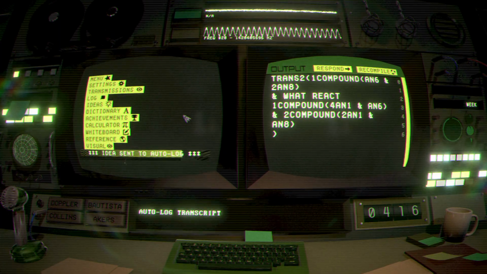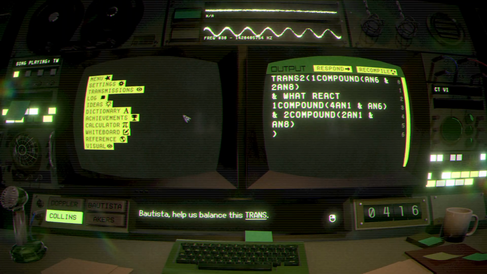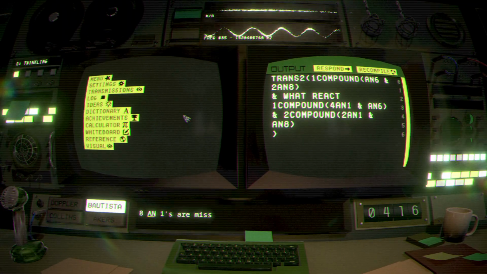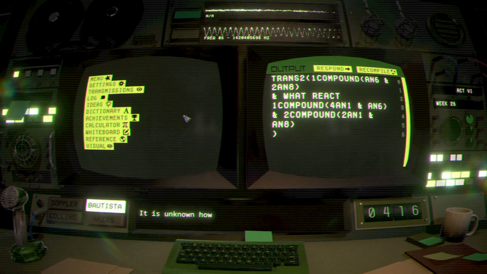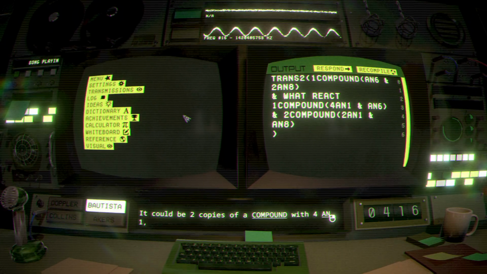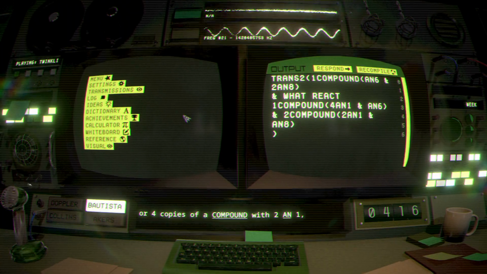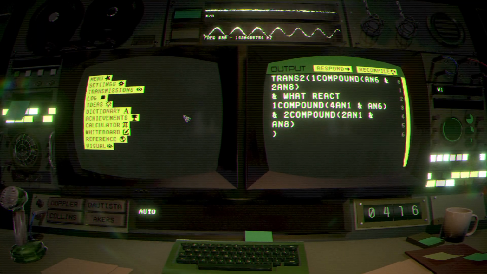The idea. Help us balance this transformation. 8 AN1s are missing. Yep. So is that the answer? Unsure. It's unknown how those 8 AN1s are arranged. It would be 2 copies of a compound with 4 AN1, or 4 copies of a compound with 2 AN1, or 8 copies of 8 AN1. Remains to be seen.